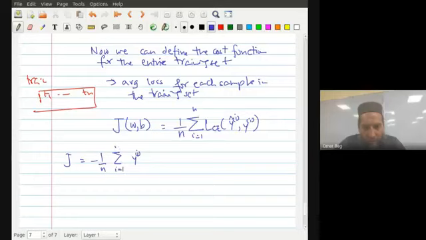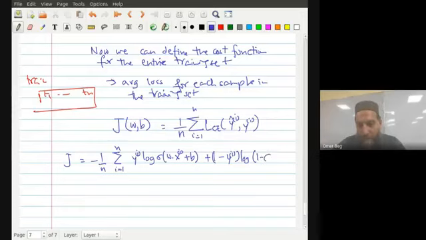So i going from 1 to n, y of i, log of the sigmoid of the weight vector multiplied by x of i plus b, plus 1 minus y of i multiplied by the log of 1 minus the sigmoid of the weight vector multiplied by x of i plus b.